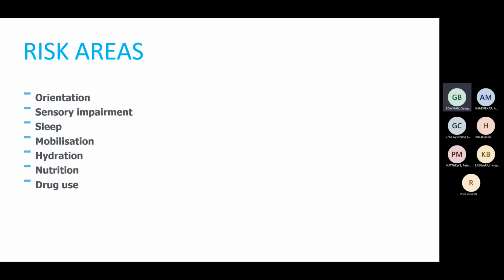And then they assessed the daily incidence of delirium, and they found that there was a reduction in incidence of delirium with a multi-component non-pharmacological intervention. So by targeting all these areas, they were able to help prevent cases of delirium.